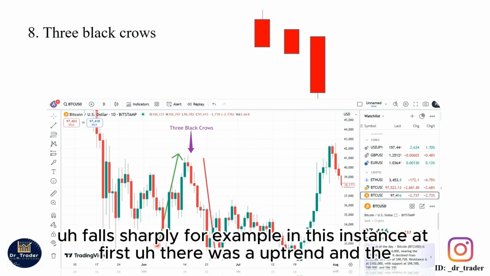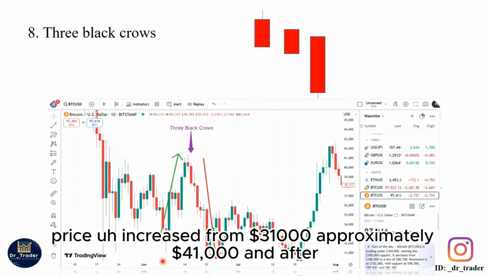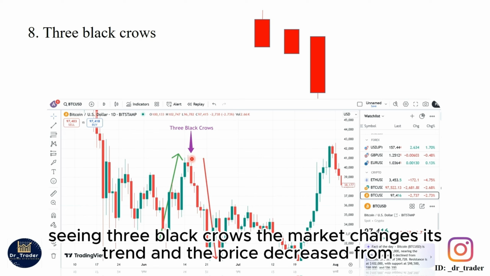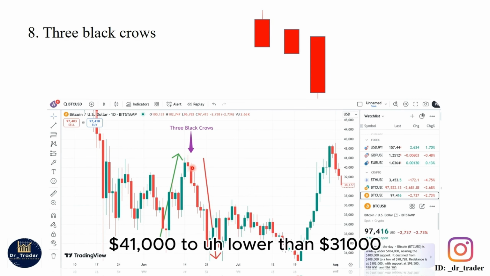For example, in this instance, at first there was an uptrend, and the price increased from $31,000 to approximately $41,000. And after seeing three black crows, the market changes its trend, and the price decreased from $41,000 to lower than $31,000.